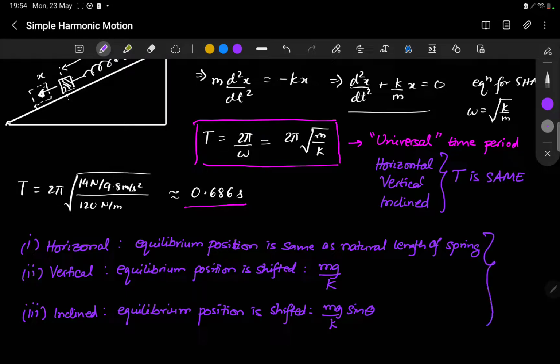But in all the three cases, our T remains the same. So this is something important. Please keep this in mind. Whether you have vertically hanging springs, horizontally kept springs, or springs down an incline, the time period remains the same.